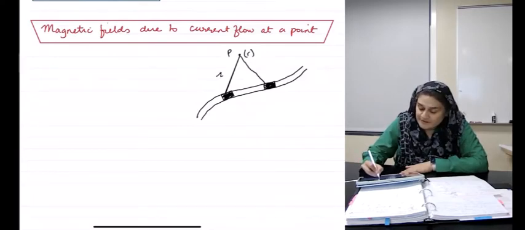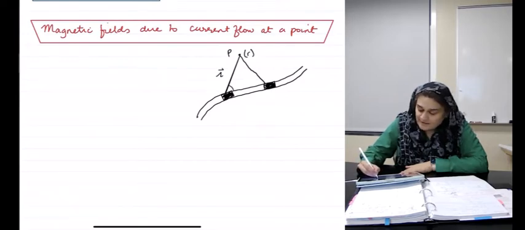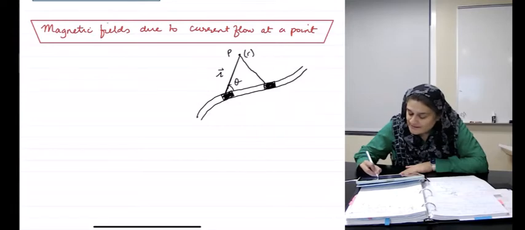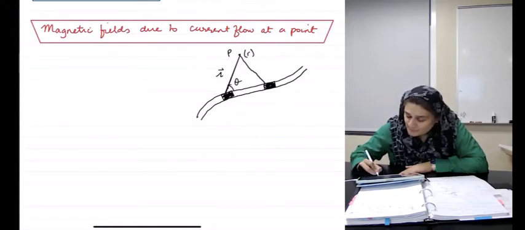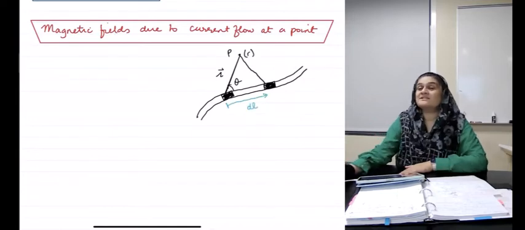Think of this as the fancy R. Imagine this is angle theta. And this thingy moved from here to here. And imagine this moved a distance dl.